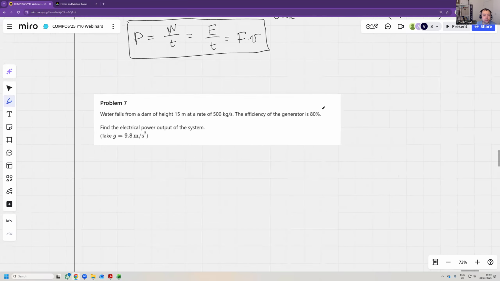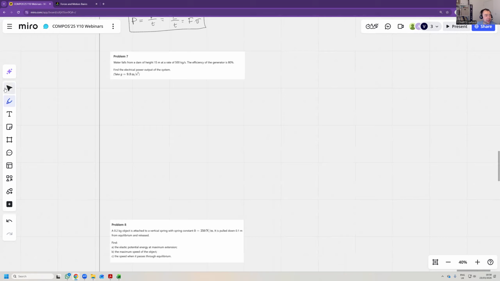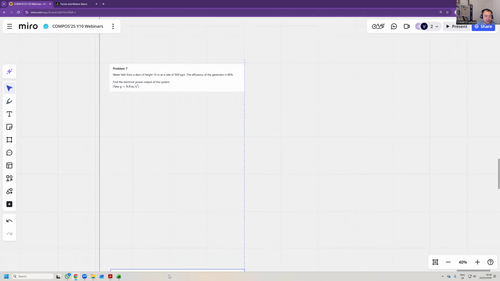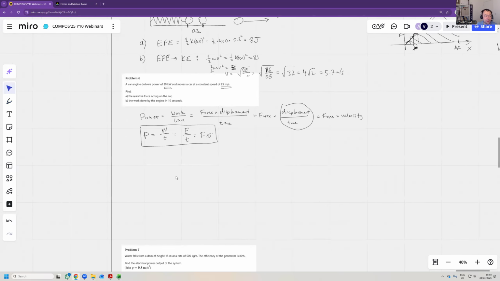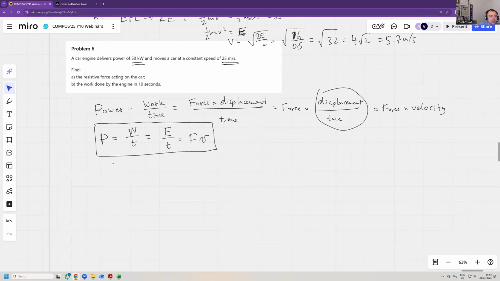I love this question. It's a really nice one. Because what happens is the speed is constant. That means that the change in kinetic energy is 0.